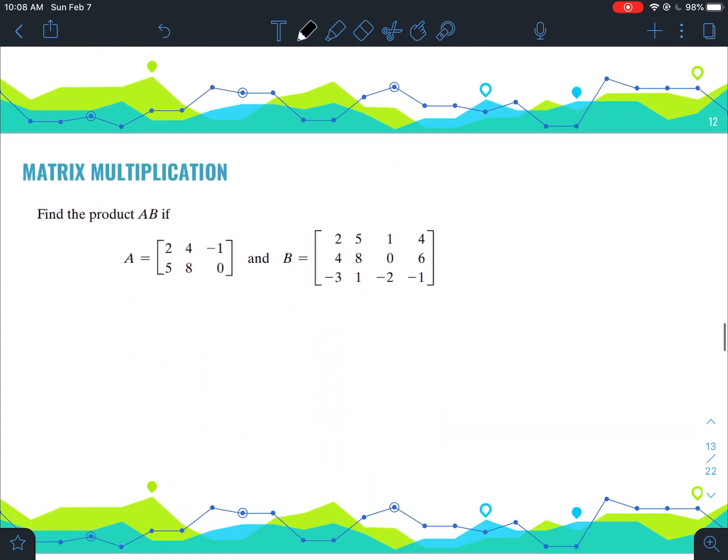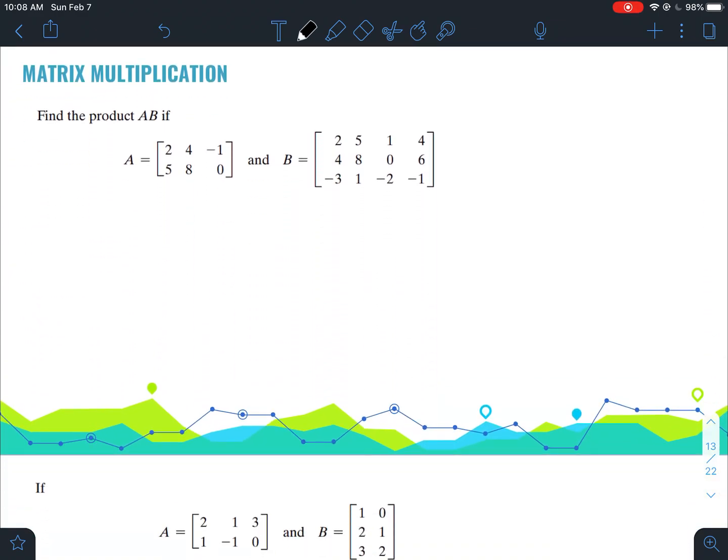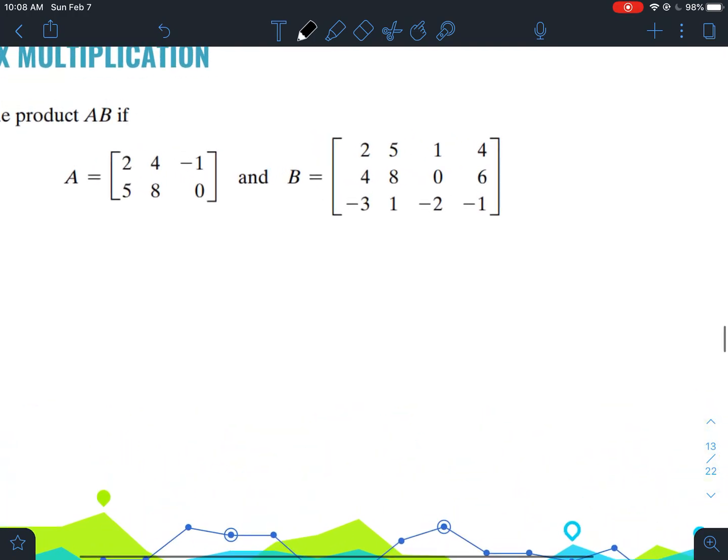Matrix multiplication is a little bit more of a tedious process. So if you want to find the product of matrix A times matrix B, what you do is you take the first row of matrix A and you multiply it by the first column of matrix B, and that's going to give you your first entry. So you multiply all of the terms and then add up the products.